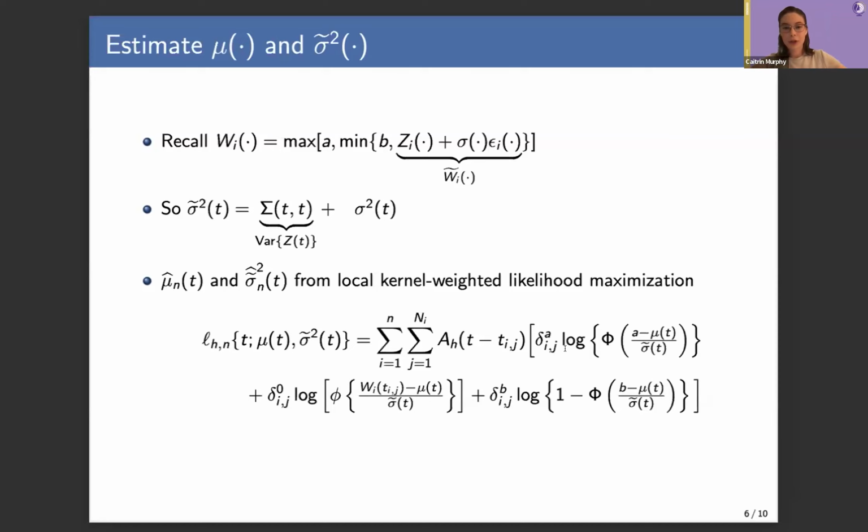And then there are three contributions. Delta sub A is just an indicator that takes on the value 1 if your point is truncated at A, with the probability of being truncated from A. Then we have a contribution from not being truncated, and then a contribution from being truncated above at B. So maximizing this quantity yields the estimator for the mean function and also the diagonal of the variance plus measurement error variance function.